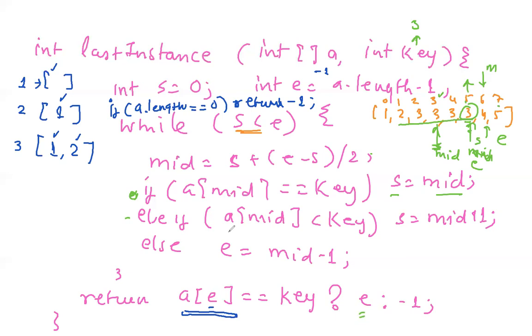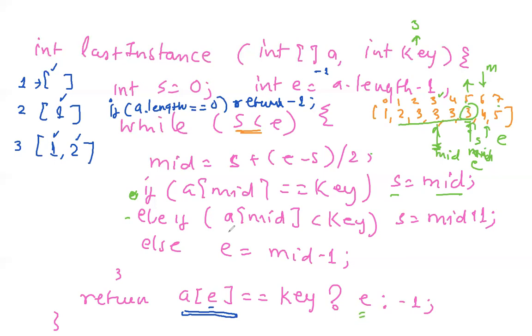So the while loop doesn't enter because S is not less than E. Understood? We come to the last return statement, and let's say key was 1, right? So A of 0 is equal to 1. Yes. So I return 0, which is the end index, and that works for it.